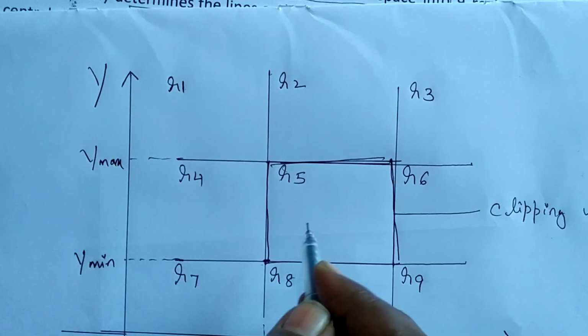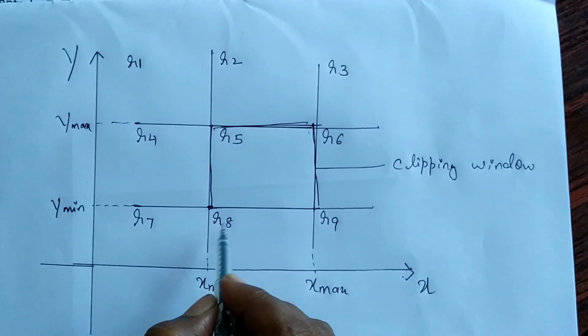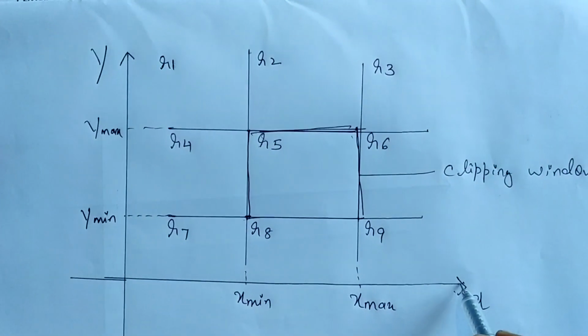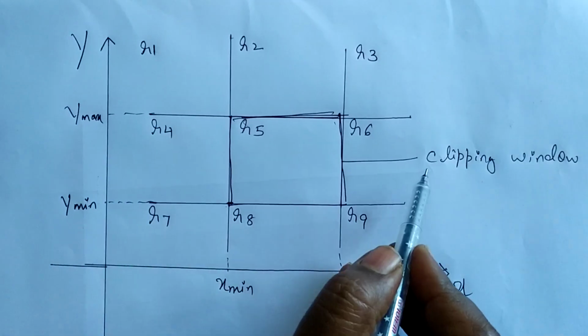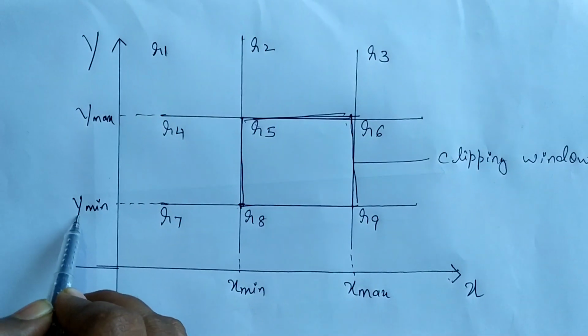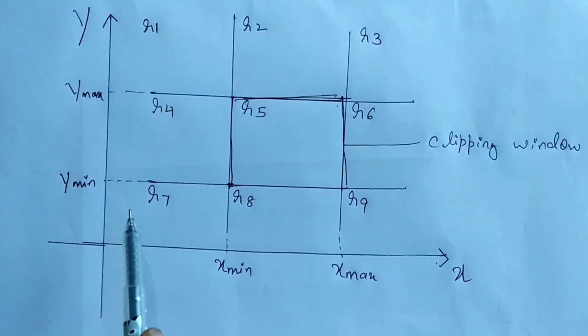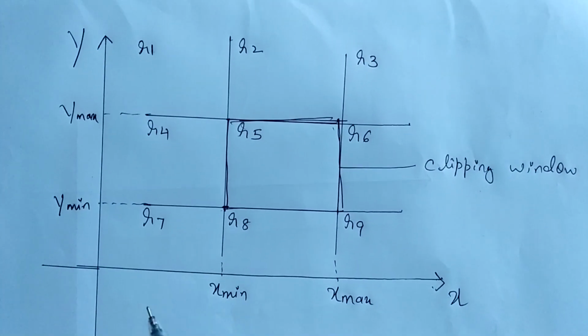So our clipping window lies between x minimum and x max along the x-axis, and between y minimum and y max along the y-axis. This is how, as per the algorithm, the XY plane is divided into 9 regions.